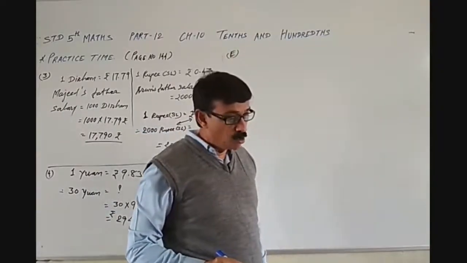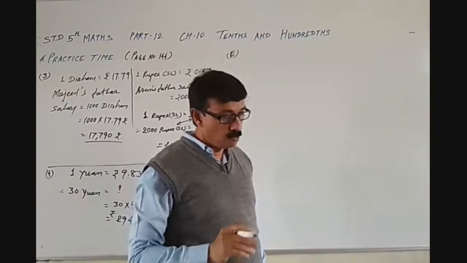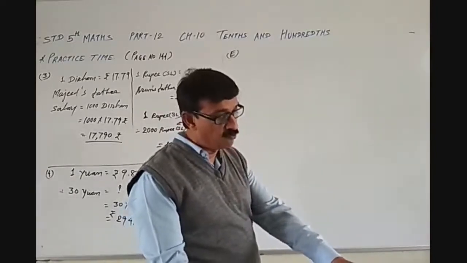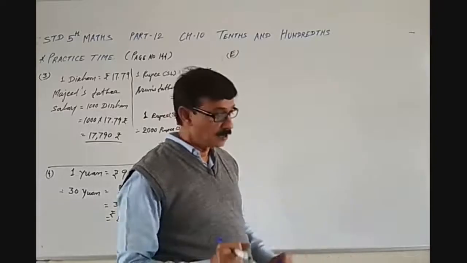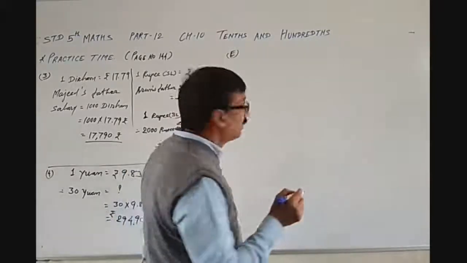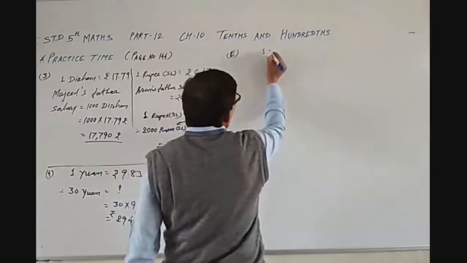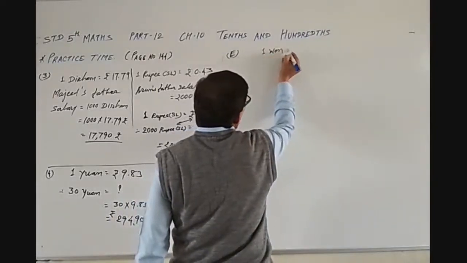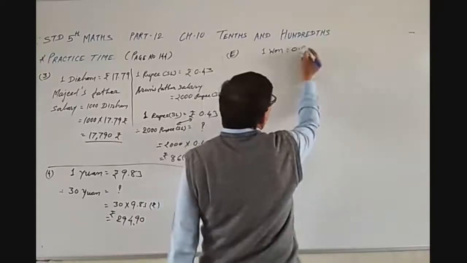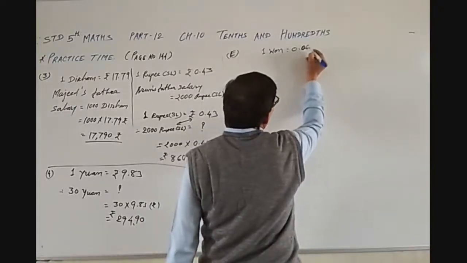Astha wants some Hong Kong dollars and won. First of all, how many won can she change for rupees 4? Now, from the textbook, you can see 1 won is equal to 0.06 rupees.